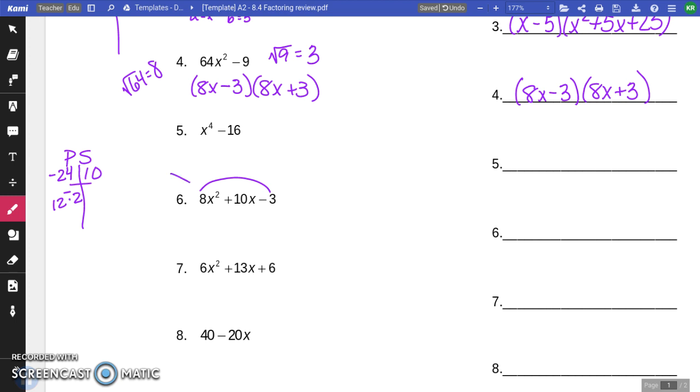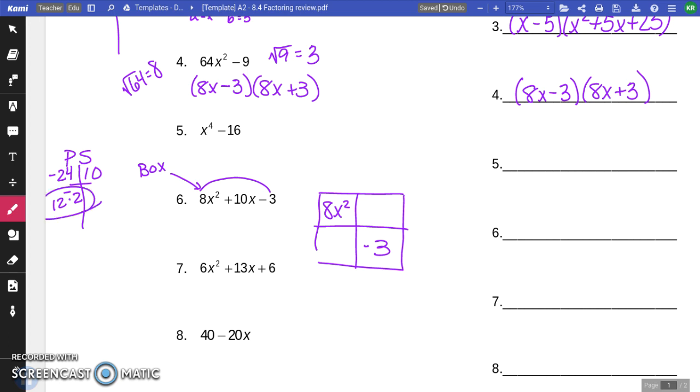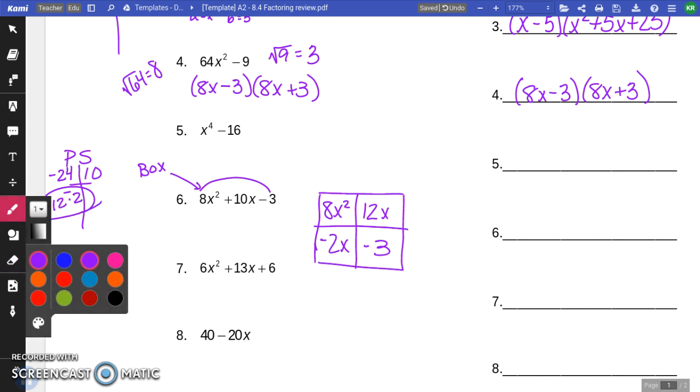Now, because of this 8, because my leading coefficient is not a 1, I have to follow up my product sum table with a box. So I'm going to do a box. First term, 8x squared. Last term, negative 3. My two other terms are going to come from my product sum table, so this is going to be a 12x and a negative 2x. Now look for your common monomials on each row and column.